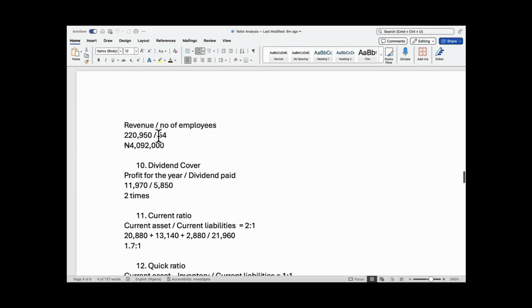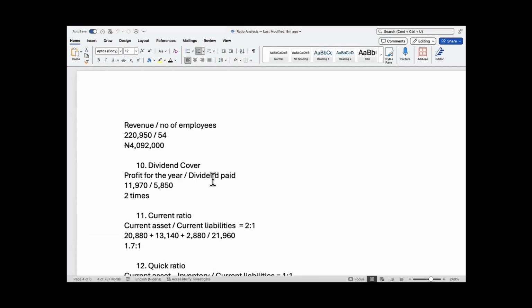They give you the number of employees, and with the revenue of the company, you can ascertain the revenue per employee. Also is dividend cover, and also current ratio and quick ratio.